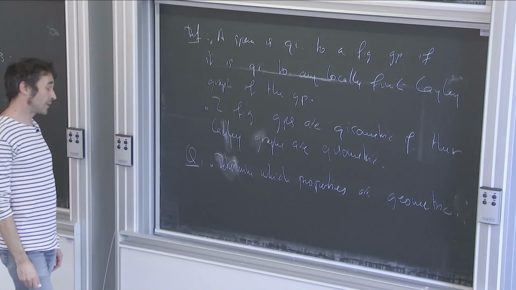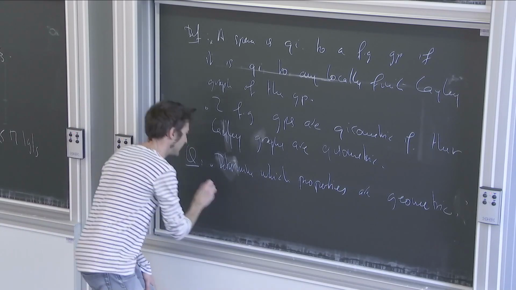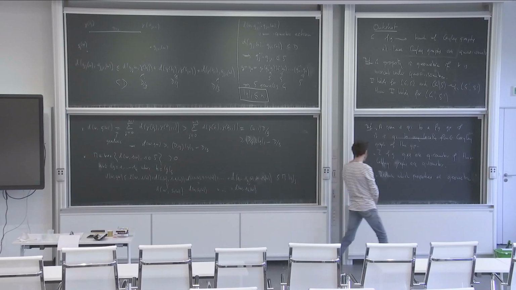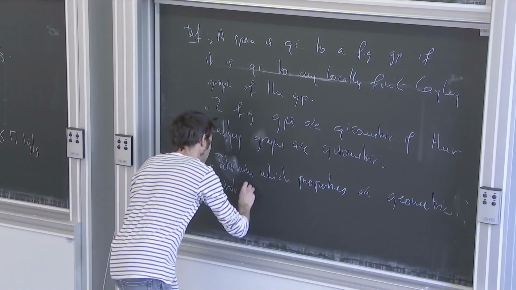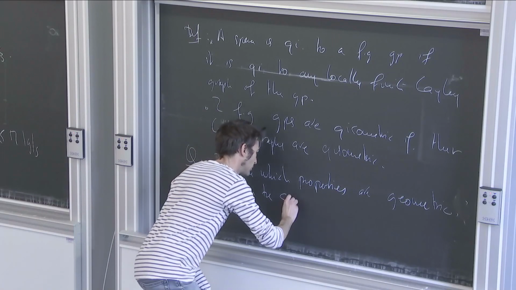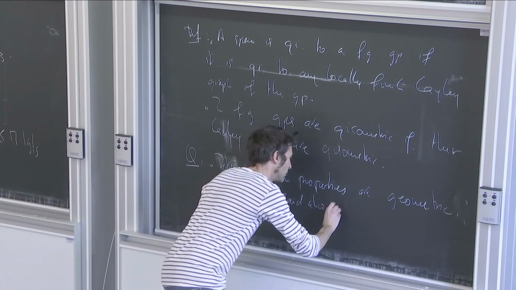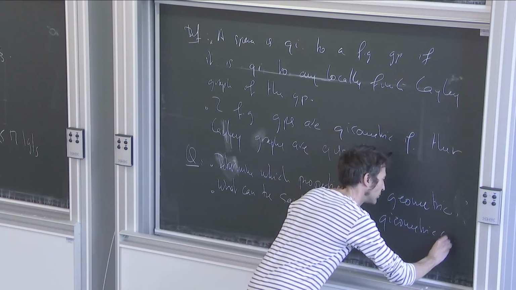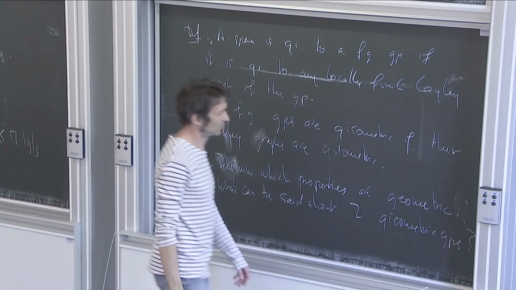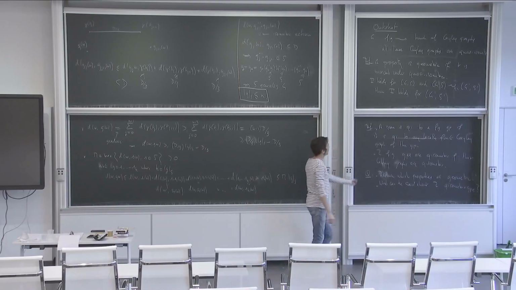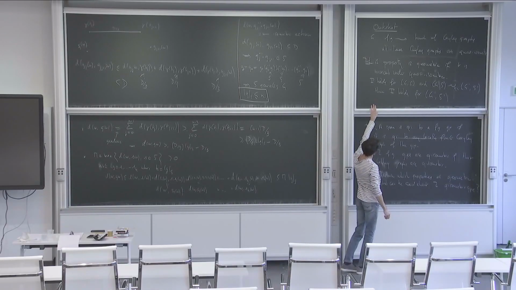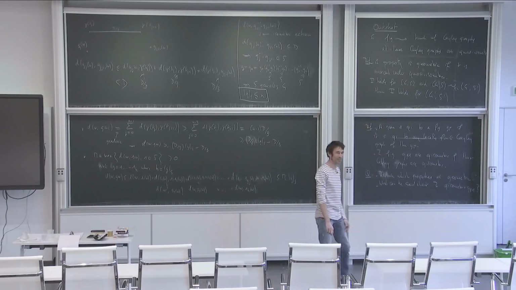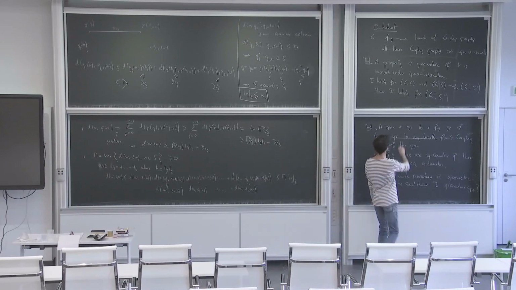It's not a question, it's a problem. What can we say about two quasi-isometric groups? So a property that is invariant by quasi-isometries is a quasi-isometry invariant. So this ties up with the title of the course.